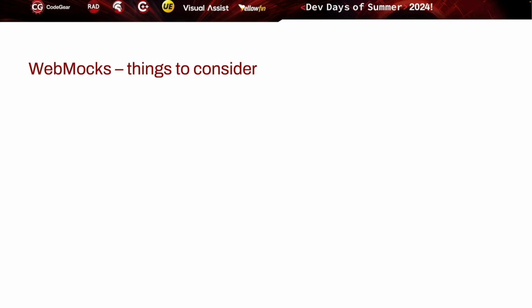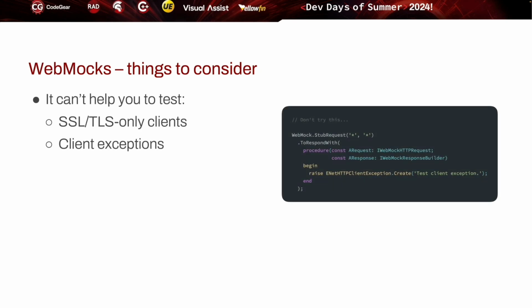There are a few things we should consider about WebMocks. It can't help you to test SSL or TLS only clients. And that's because it doesn't terminate SSL or TLS. That would require a level of complexity greater than I thought of real value in WebMocks. There are other ways these things can be tested.